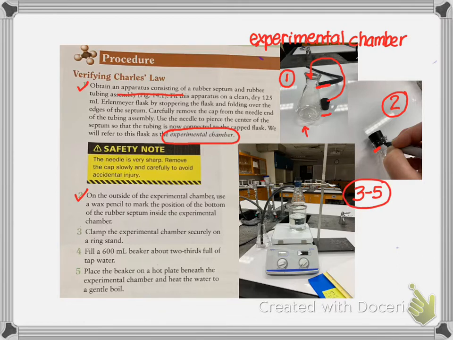This is what the overall setup looks like in this bottom picture. I have a flask with water on a hot plate. Here's my hot plate, and here's the experimental chamber above the water at this point. The tubing is going down into a flask with water, which the directions hadn't told me to set up when I took this picture, but I had it already set up.